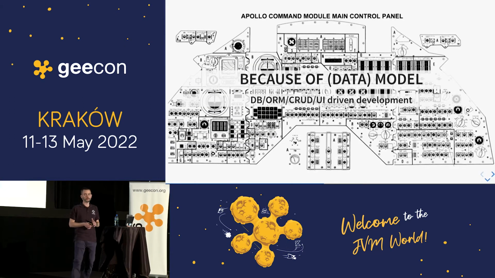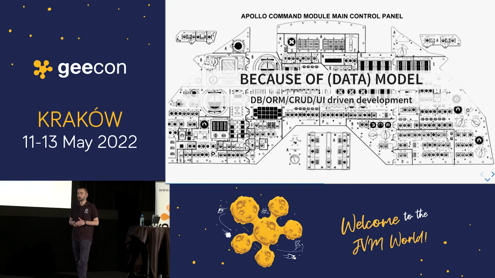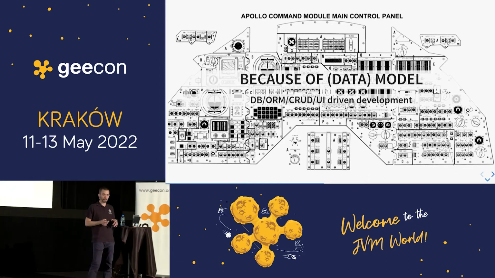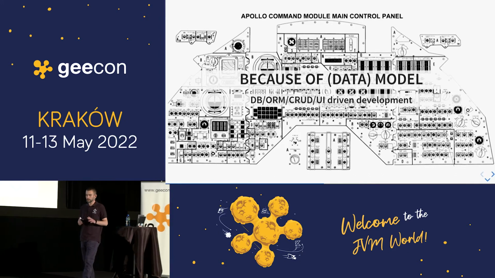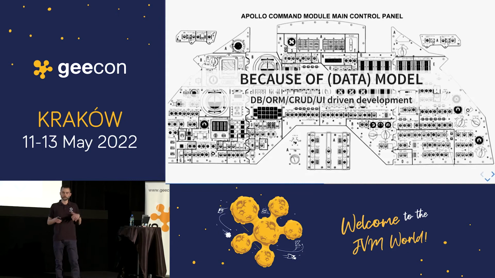Okay, why do we still mutate our objects in Java? Maybe because of the data model, and I mean not business model, not domain model, but data or even database model.